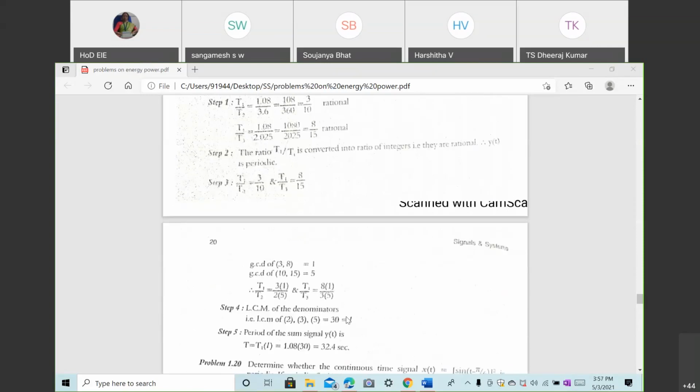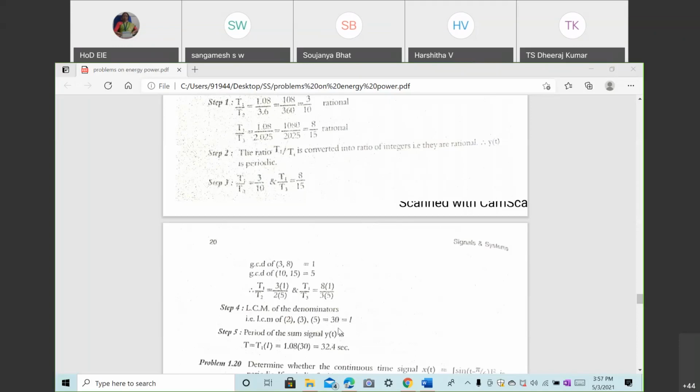Then LCM of the denominators, that is LCM of 2, 3, 5, we're going to get 30, that is 15 into 2, that is 30.